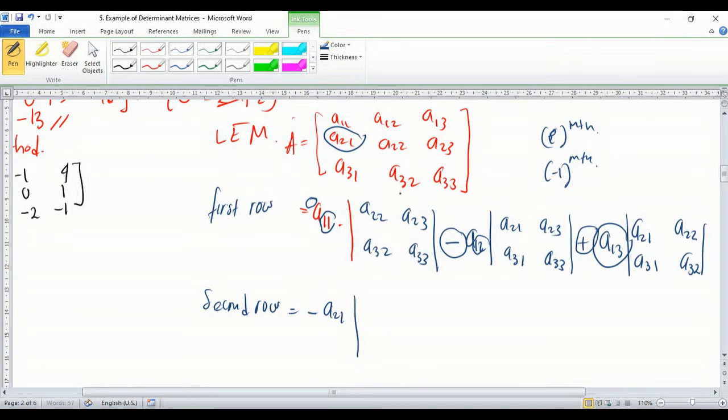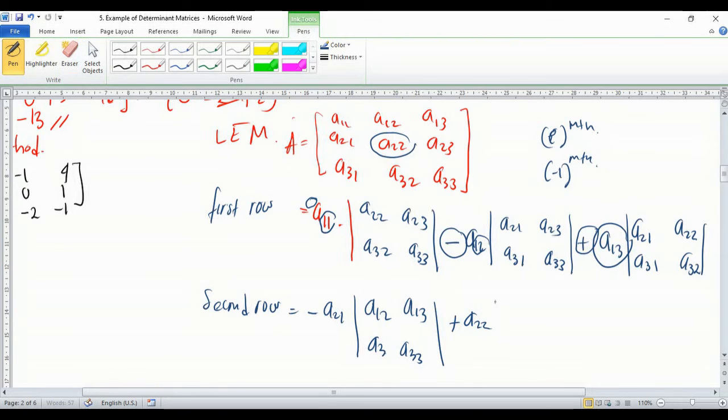Remember, A21 means the second row and the first column. So you can write A12, A13, A31, A33, and then A22. Now we are talking about A22. We can see that A22 is positive because 2 plus 2 is 4. Minus 1 to the power 4 is positive.